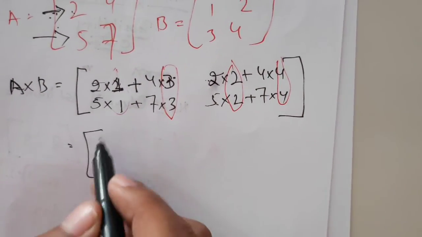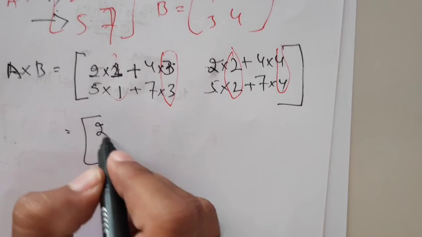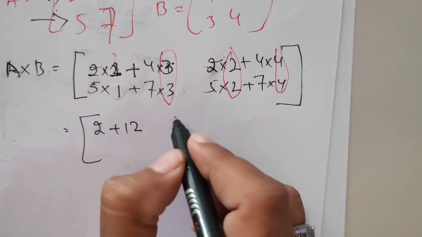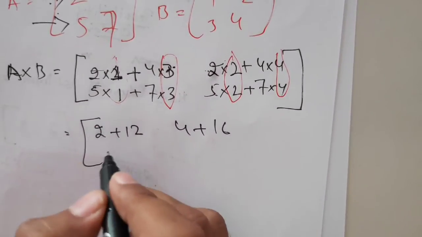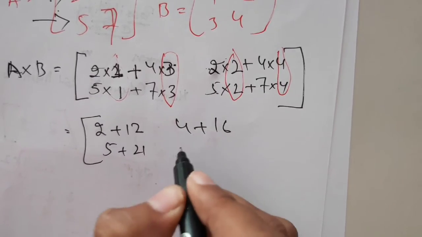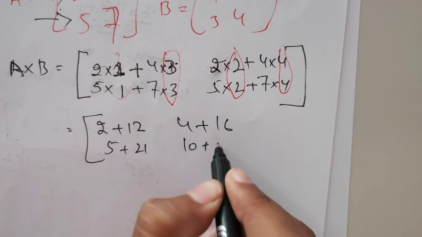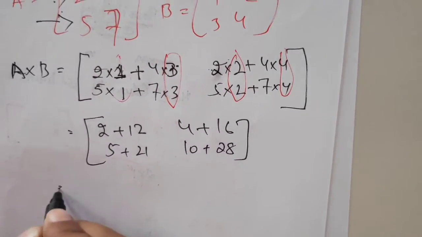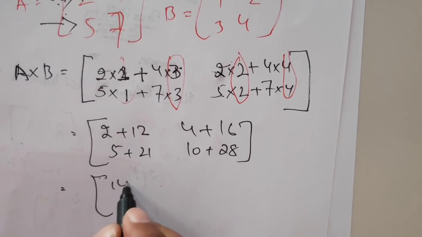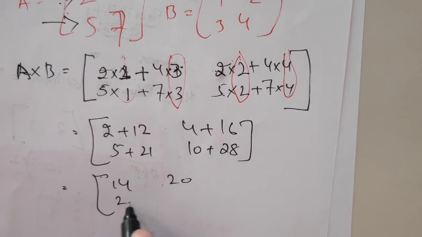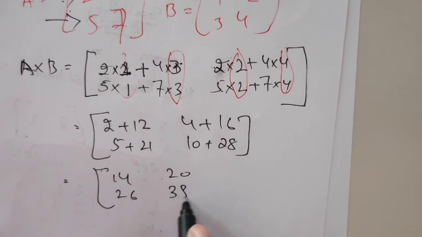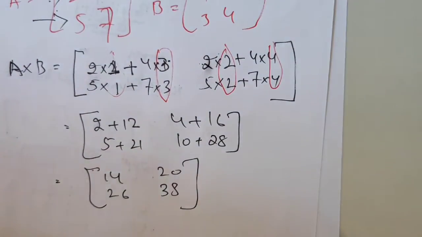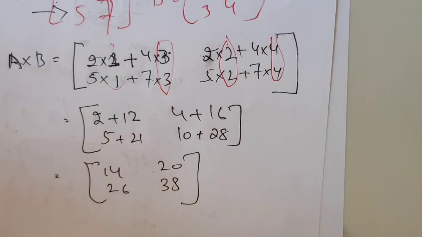So 2 multiplied by 1, here is 2 plus 12, 2 2s are 4 and 16, 5 1s are 5, 7 3s are 21, 2 10s and 28. So it is 14, 20, 26, 38. In this way you can easily multiply the matrices.